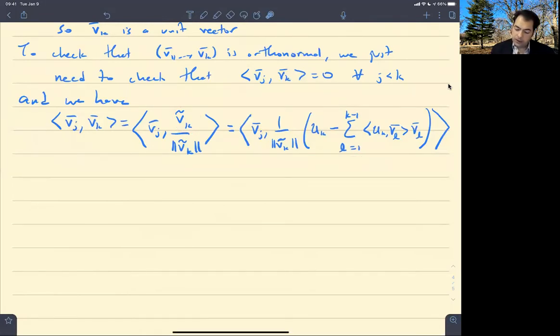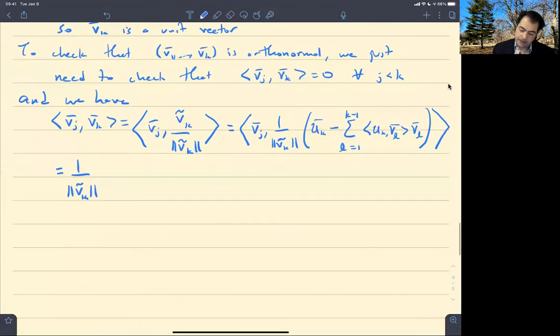Okay, so now there's this constant, so I will go ahead and pull that out. It comes out as a conjugate, but actually that's a real number, so I don't need to worry about that. So I can just pull it out here, 1 over the norm of Vk tilde. And so I end up with the inner product of Vj with Uk minus the sum l goes from 1 to k minus 1 of the inner product of Uk against Vl times Vl.